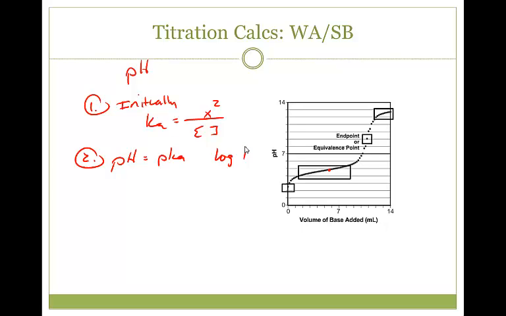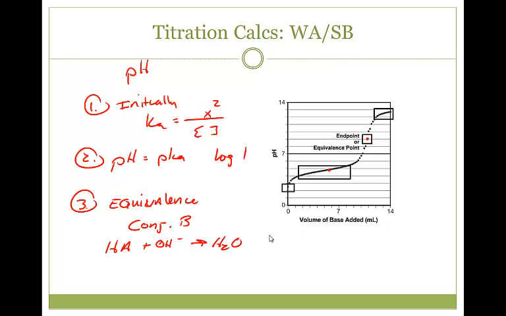Another spot where you're going to have to calculate this is at the equivalence point. So the pH at the equivalence point is solely dependent upon the conjugate base, because once you get to the equivalence point, all of your weak acid that's been reacted with strong base has been converted to water and the conjugate base.